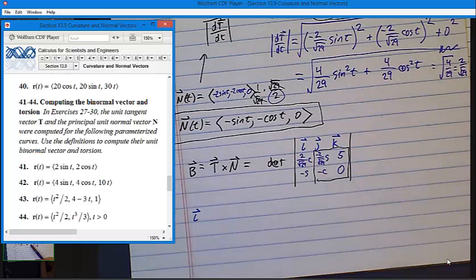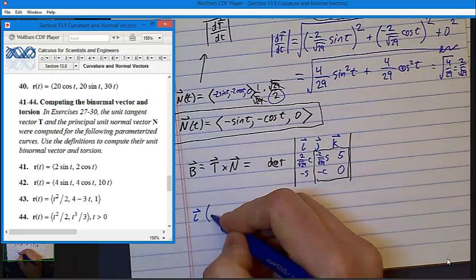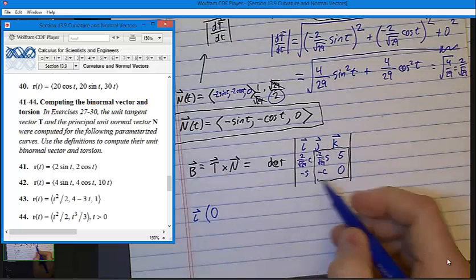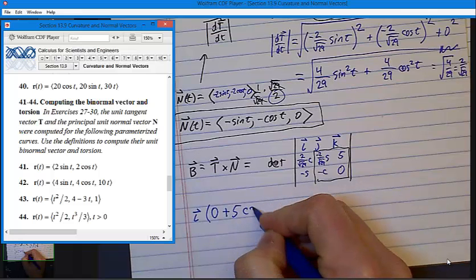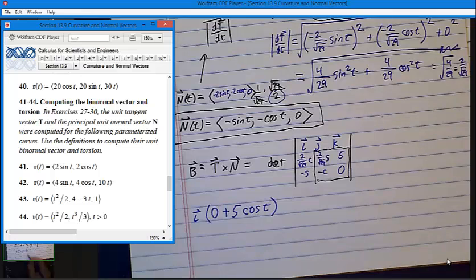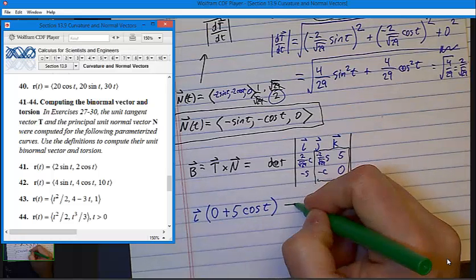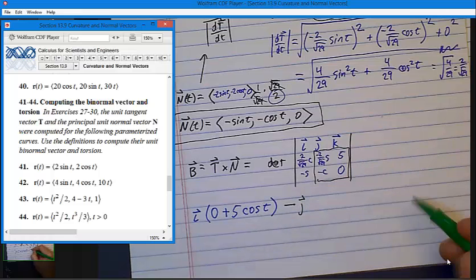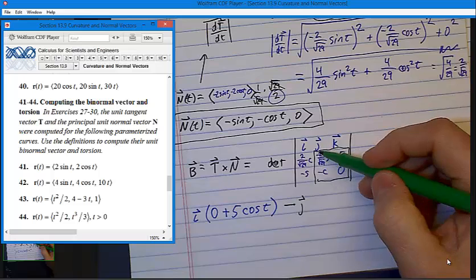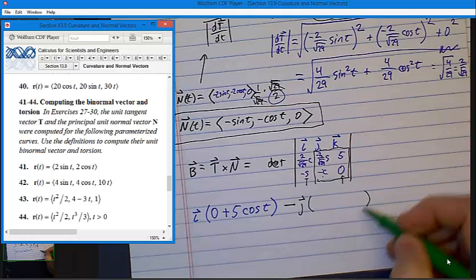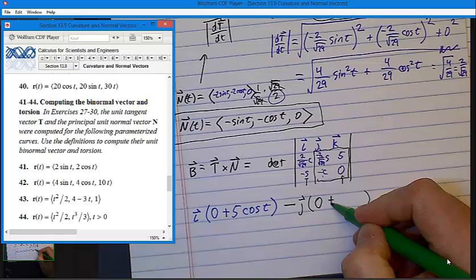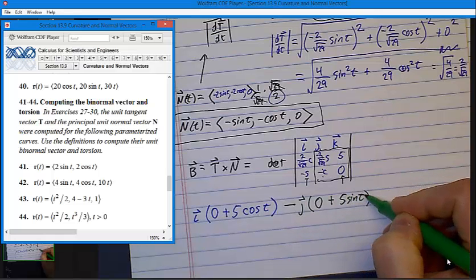So that would be i times 0, because 0 times anything is 0, plus, because I have minus, but there's a minus right there, 5 cosine t. Is this okay? Next, I need a minus sign. Minus j. Now, if I look at the matrix that goes with the j, you get rid of this middle term. You look here and here. And so you get 0 plus 5 sine of t.